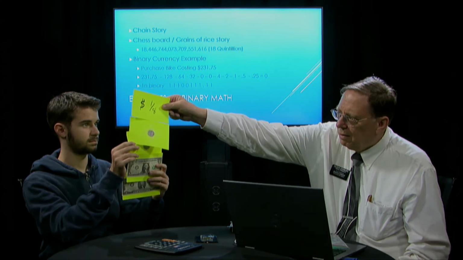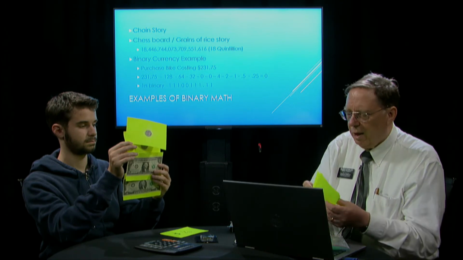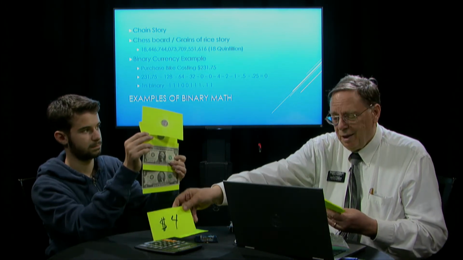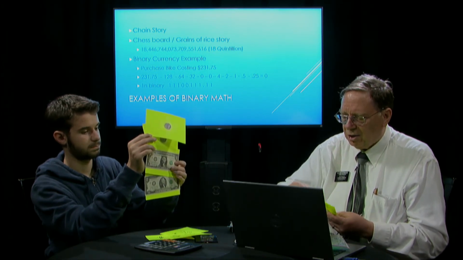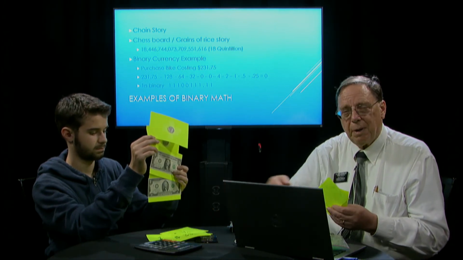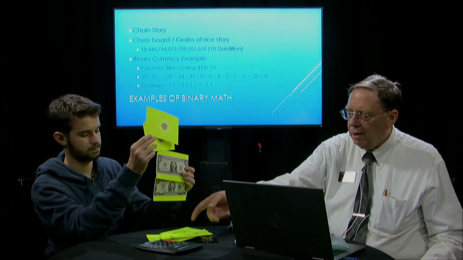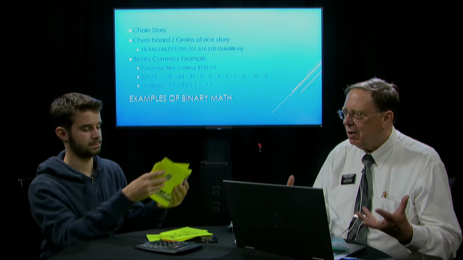If we had an eighth of a dollar coin, and if we had a $4 bill and an $8 bill and a $16 bill and a $32 bill and a $64 bill and a $128 bill, we would have a binary currency.